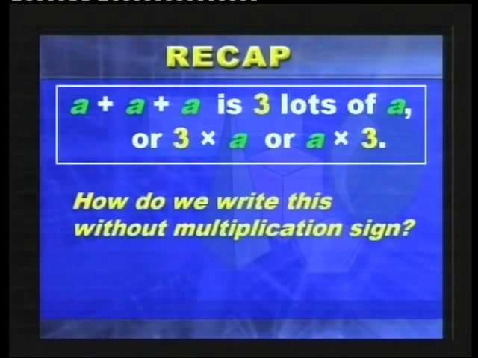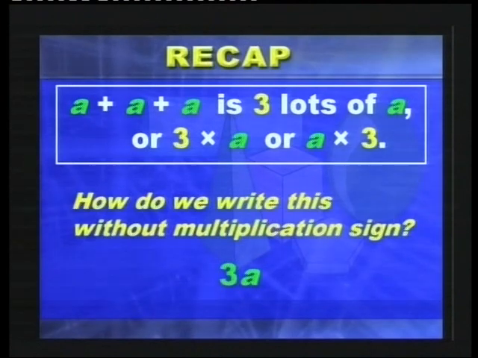Now, there's a question there, receiving students and Sevenis. How do we write this without the multiplication sign? 3A. Receiving students and Sevenis? 3A. Okay? Let's see what answer I have on the screen. Good.